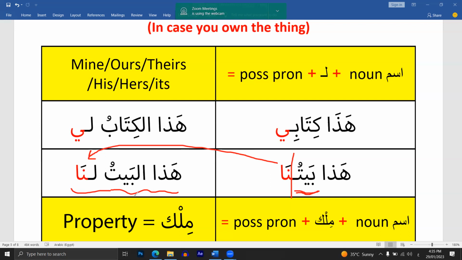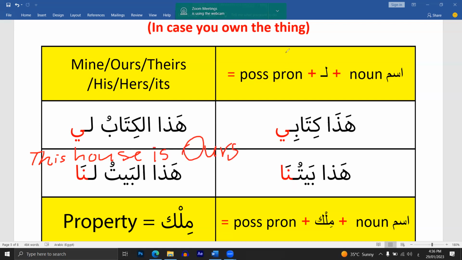Read the second one, please. هذا البيت لنا. In this case, لنا. Sometimes it will be لي, and other times it will be with fatha. What is the translation? Can you guess it? This house is ours. Yes, exactly. Sorry about my handwriting. Okay, thank you, Mr. Gianni.